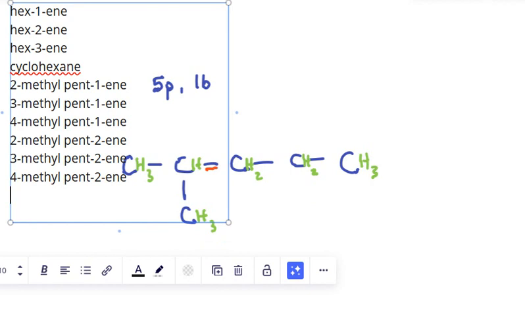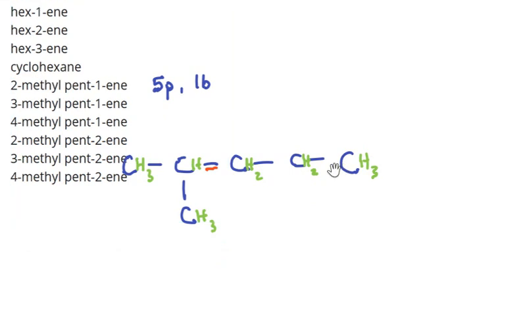And we could also put the double, could it be? No, if we put the double here, I was thinking we could do pent 3-ene, but if you number it from the right-hand side, it would still be pent 2-ene. So that's actually all the flex that we have.